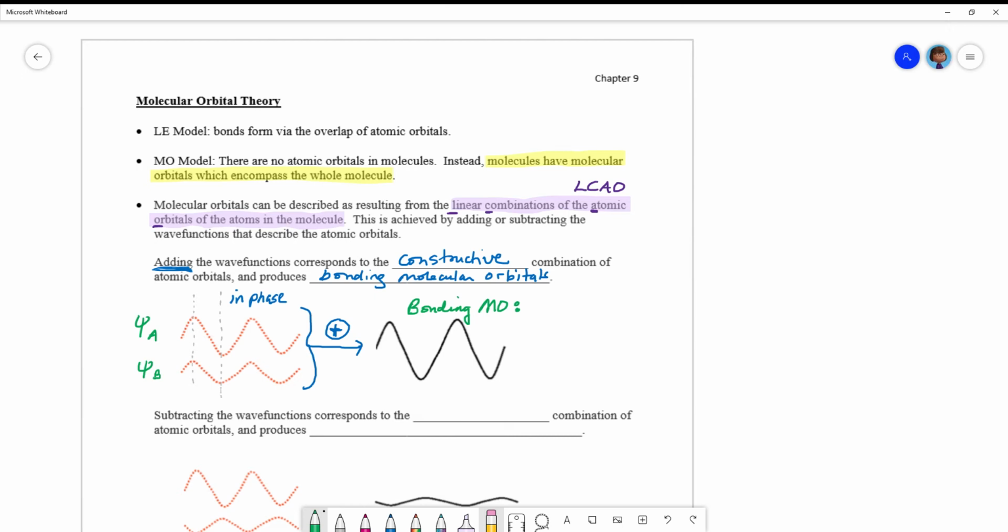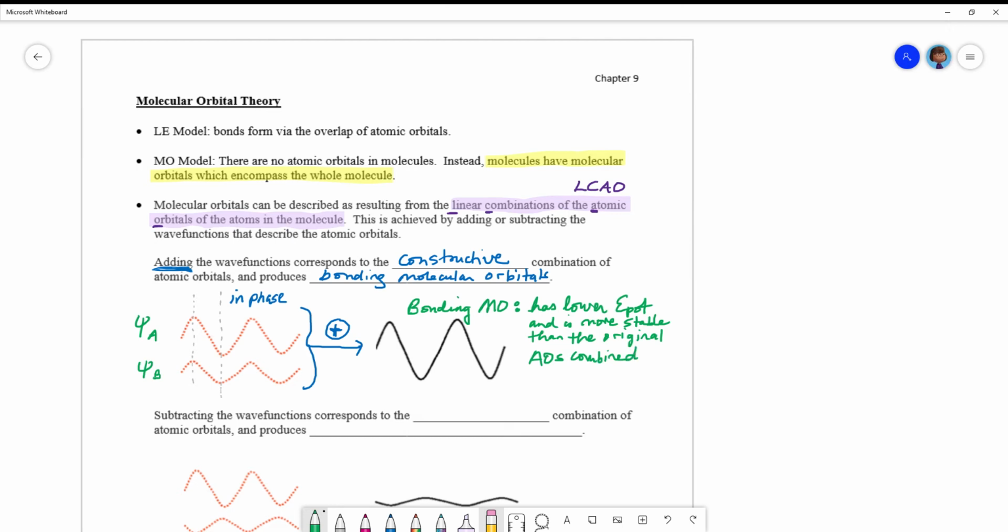So let's note here, has lower potential energy and is more stable than the original atomic orbitals. I'm going to use AO as my abbreviation for atomic orbitals, original atomic orbitals combined.